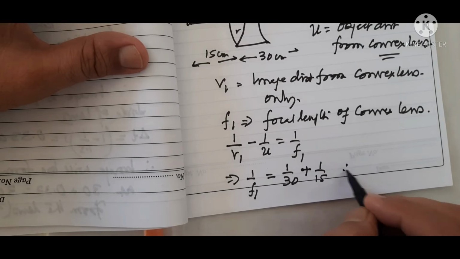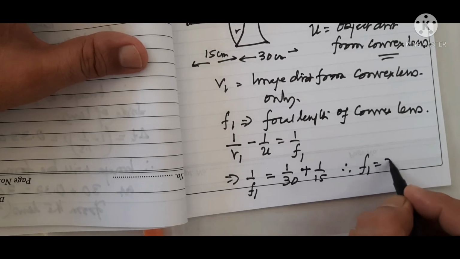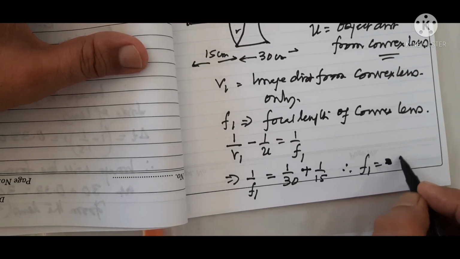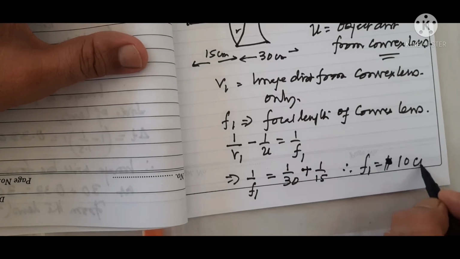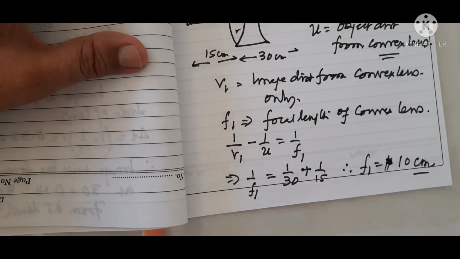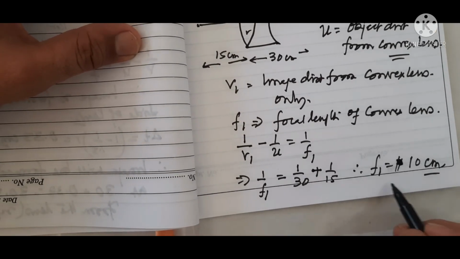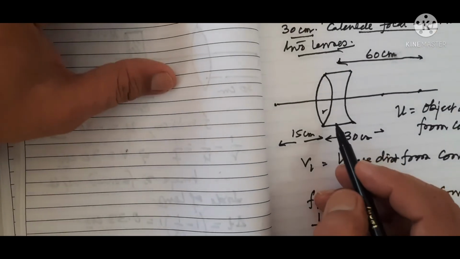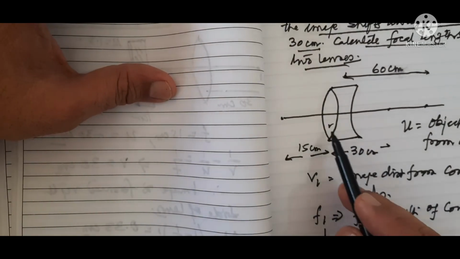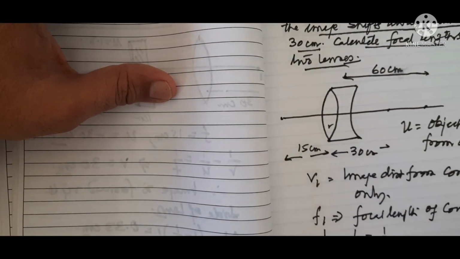So therefore f1 will be 10 centimeter. f1 कितना आएगा? 10 centimeter. Take LCM and this 10 centimeter. f1 आ गया. f1 क्या है? कन्वेक्स लेंस का फोकल लेंथ, वो निकल गया.